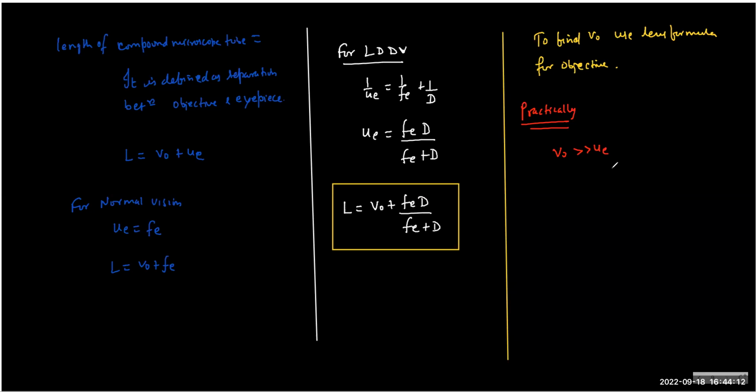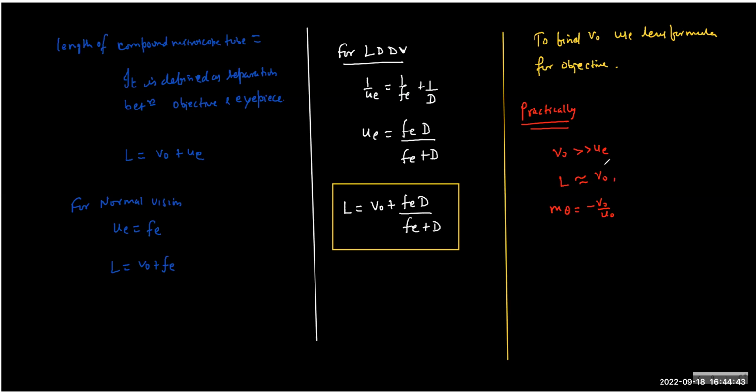In fact, the first image is formed so close to the eyepiece that L is roughly equal to V naught. The UE will have almost no value. And in such a case, the overall magnification, the practical value, is minus V naught by U naught.